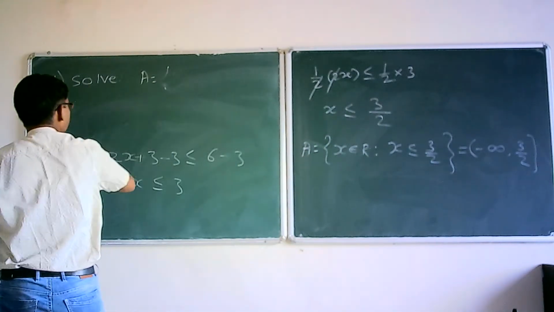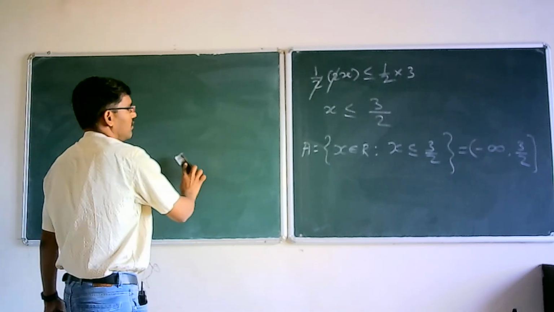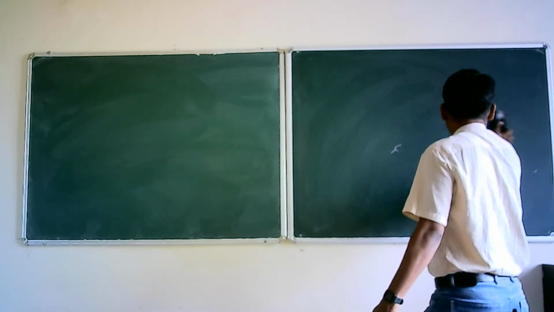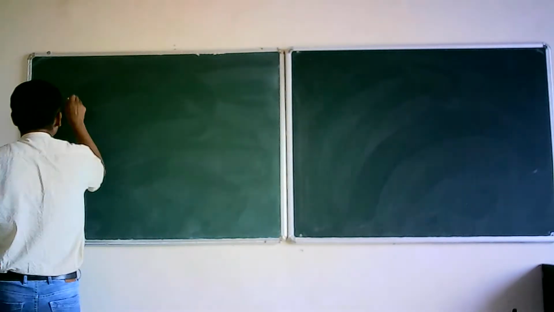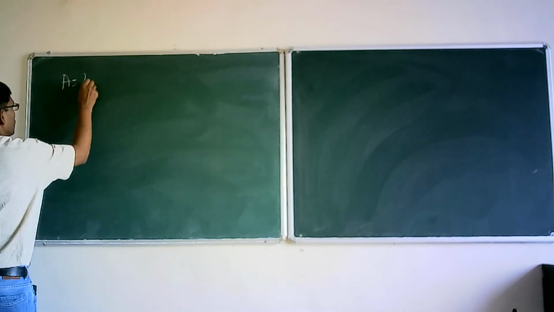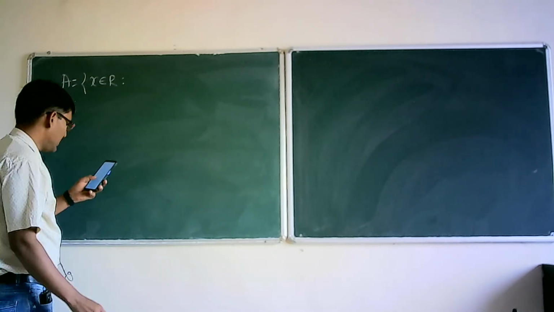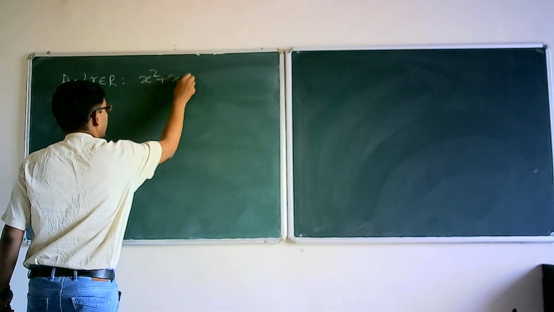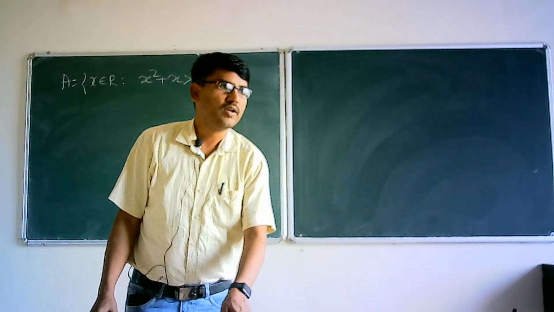Now next, second example. Consider set A = {x belongs to R such that x² + x > 2}.